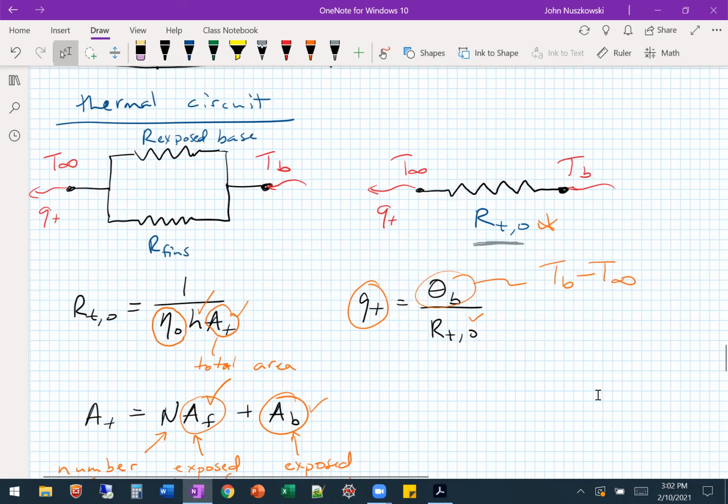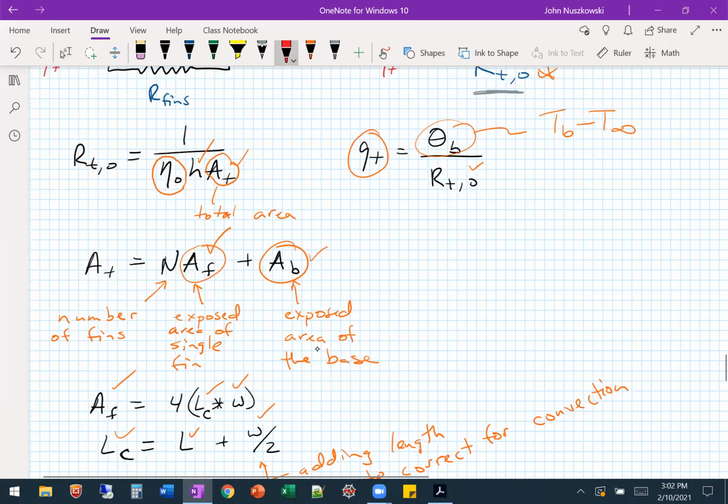We had these two methods. We could go with parallel, where we combine them into one resistor, looking at an exposed base and then fins, or we just look at the overall fin array resistance. And that's the route we went. For the overall fin array, we need the overall efficiency and total area. If we have that resistance, we can get the total heat.